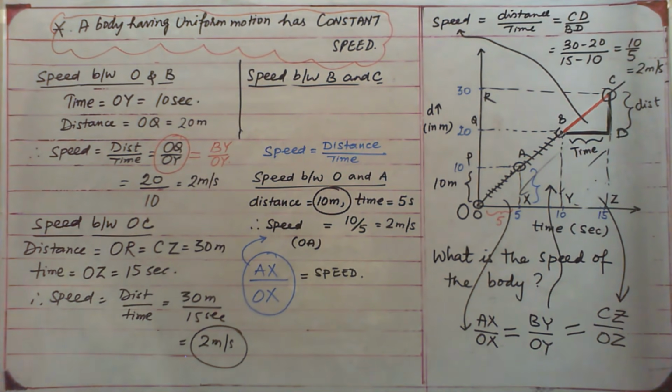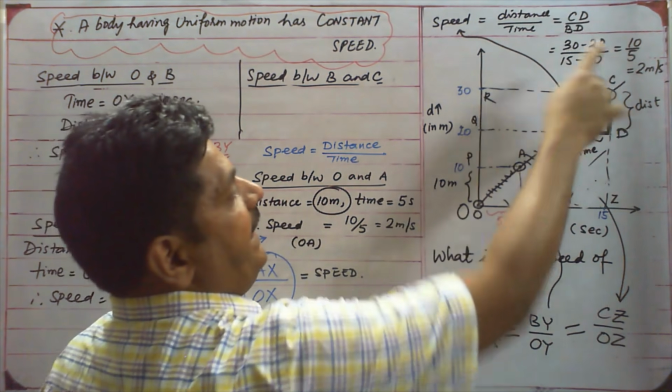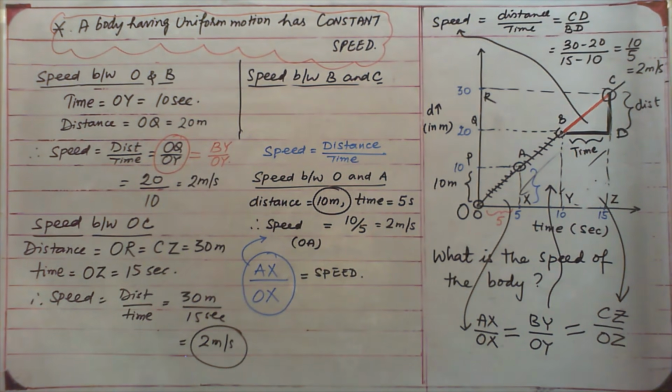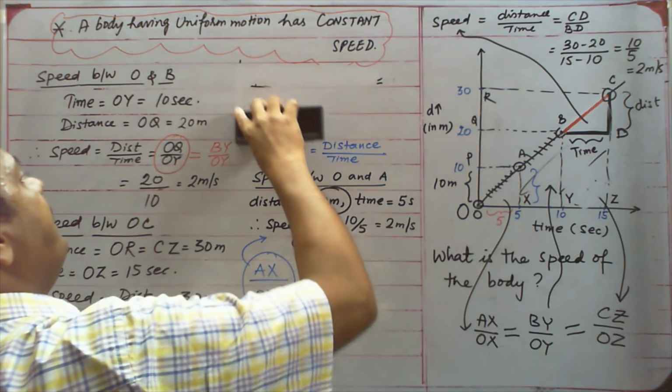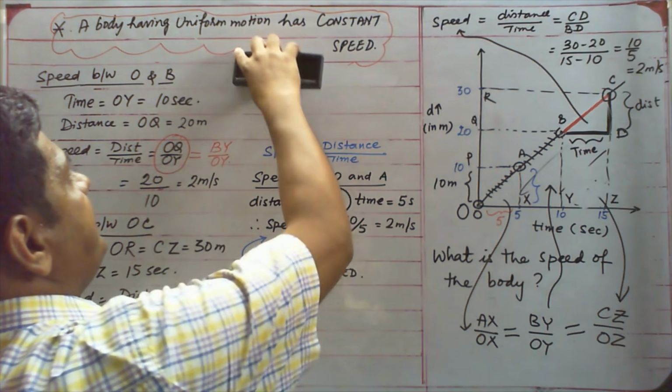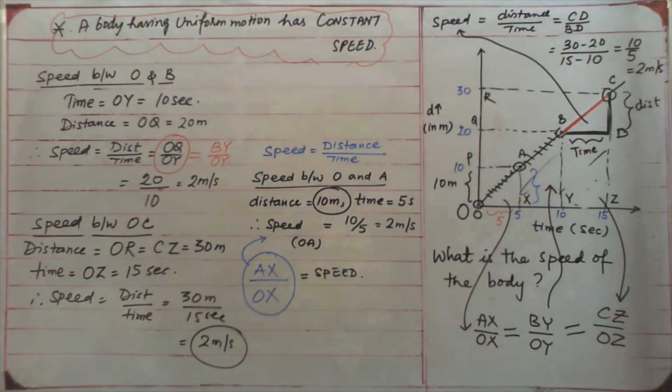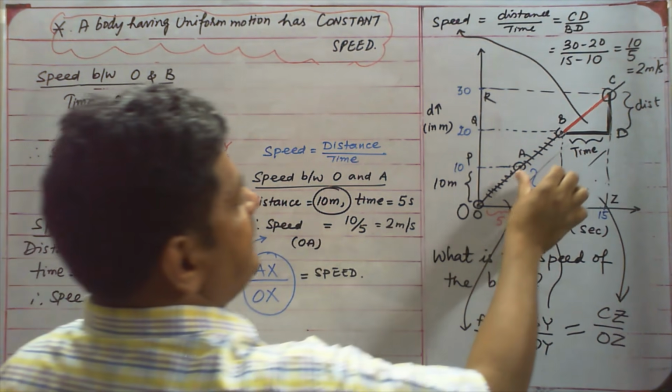Now if I want to calculate the speed between A and C, what do you expect? If I calculate the speed between A and C without any calculation, I can write. In between A and C, let us say this is the point.